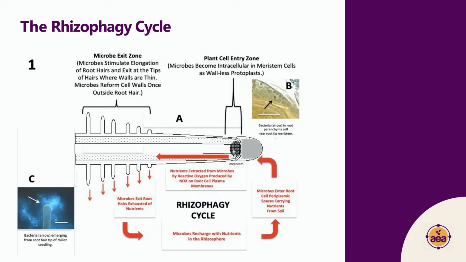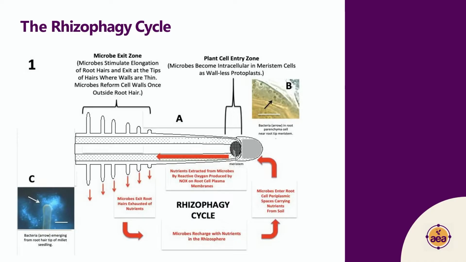In this highly oxidized zone, plants release various oxidizing species, particularly nitrous oxide, and strip the cell membrane off many of the bacterial cells. And then these naked bacterial cells now move through the plant's vascular tissue and are transported throughout the entire plant and are utilized by the plant cells as a source of nutrition.